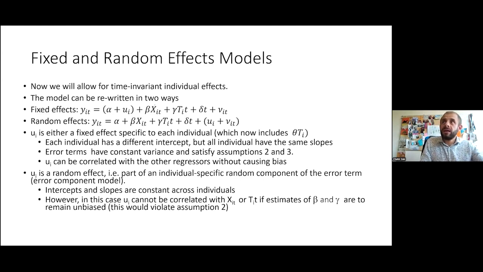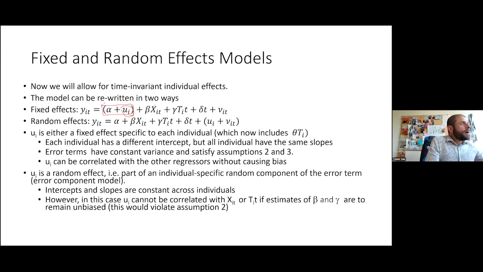And this will create the random effect, right? So as you can see here, what we've done is that we've taken the UI, which is the individual effect, right? And I merge it with the intercept.